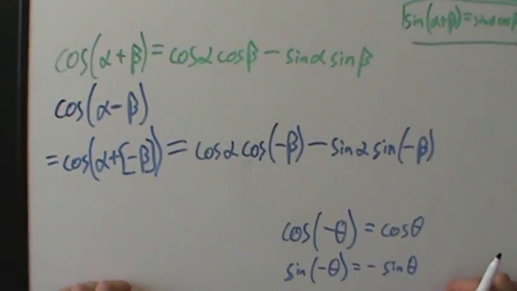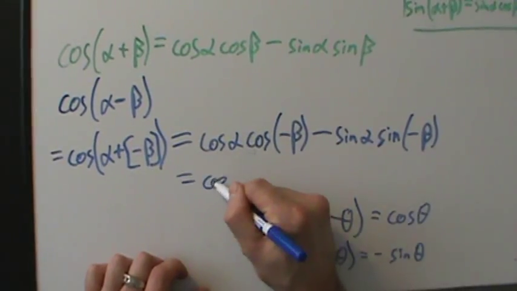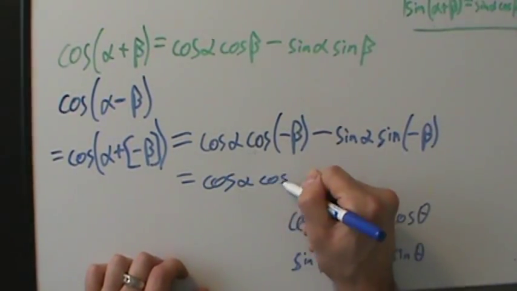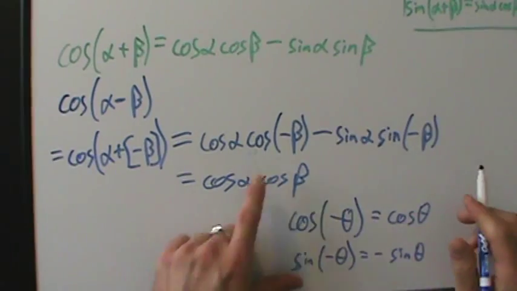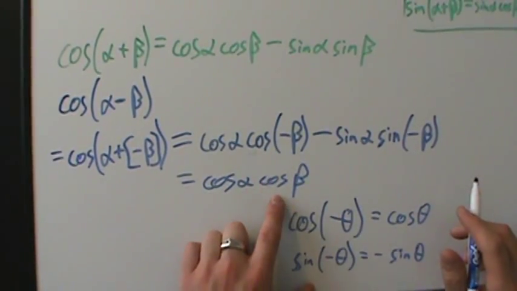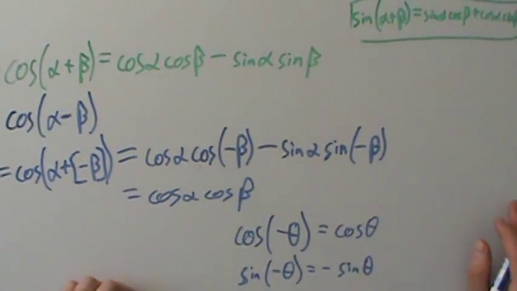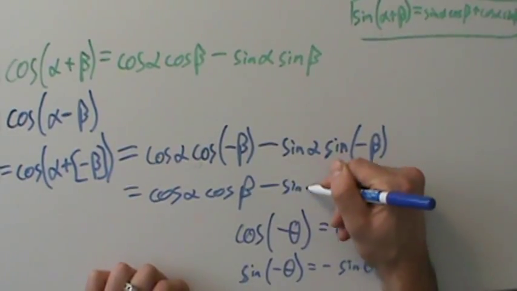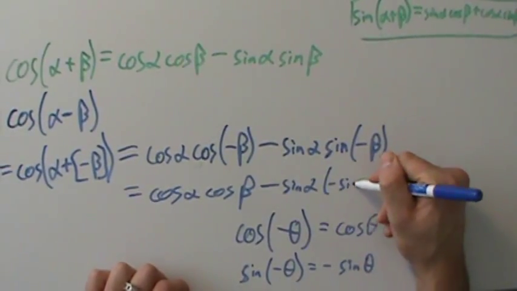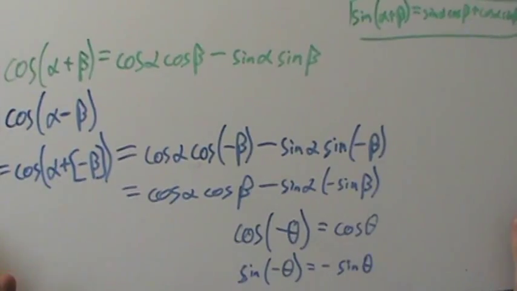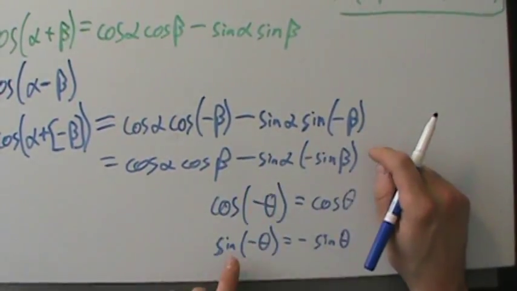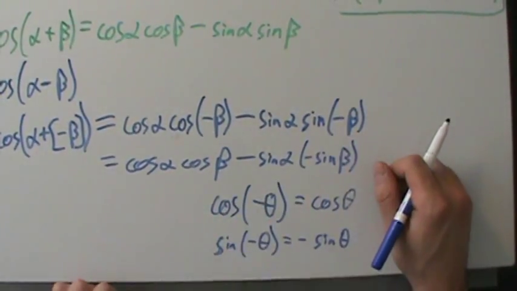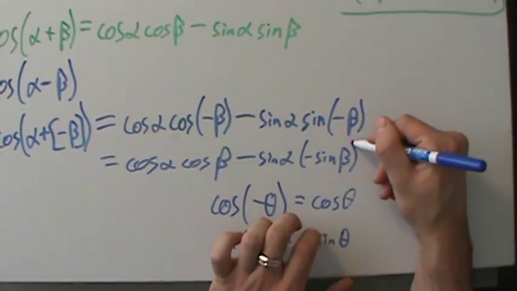So what's going to happen then is this simplifies to cosine of alpha, cosine of beta. That's nice. Cosine of negative beta equals cosine of beta. And then this becomes minus sine of alpha times negative sine of beta, because sine of negative beta is negative sine of beta, since sine is an odd function, as we talked about a long time ago.